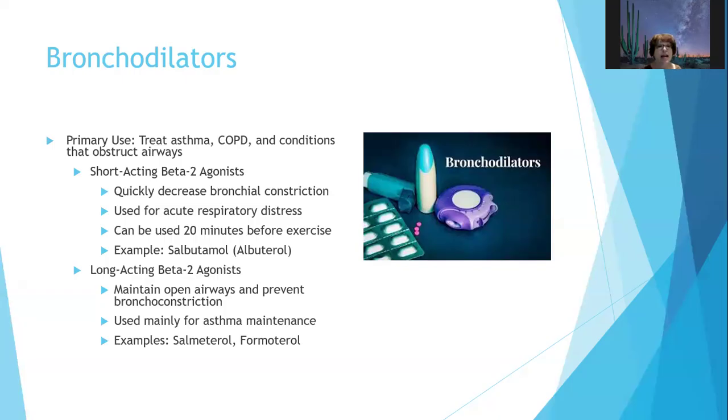There are these long-acting beta 2 agonists that maintain an open airway and prevent bronchoconstriction. They're mainly used for asthma maintenance. So people that have intrinsic asthma, generally diagnosed when you're an adult, kind of know what the triggers are.